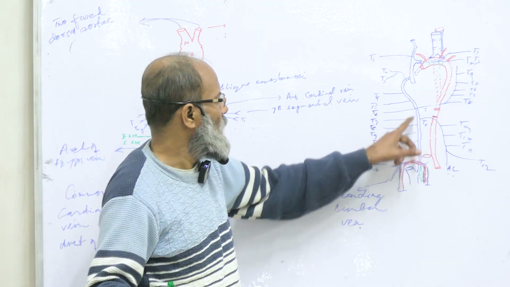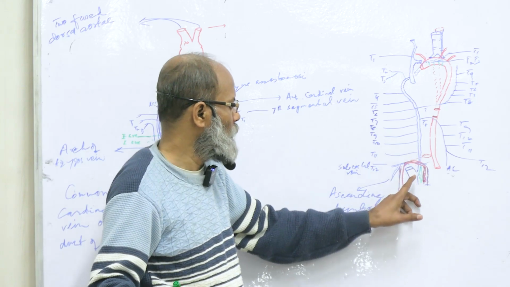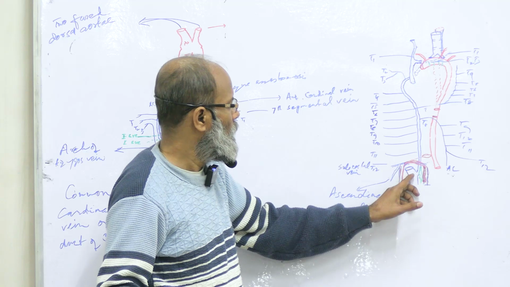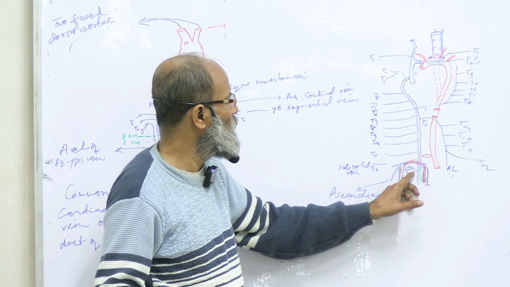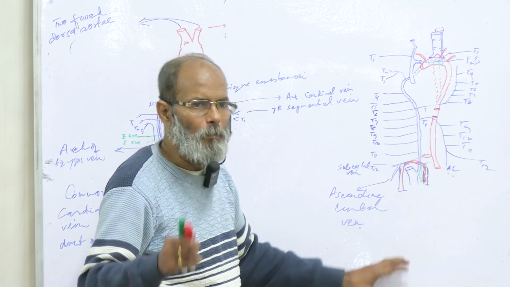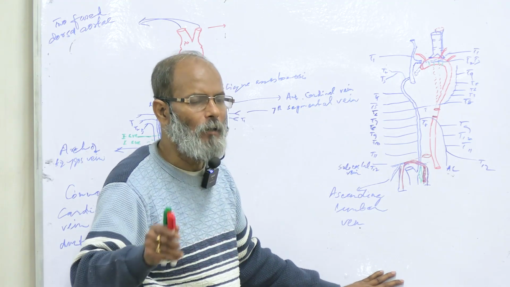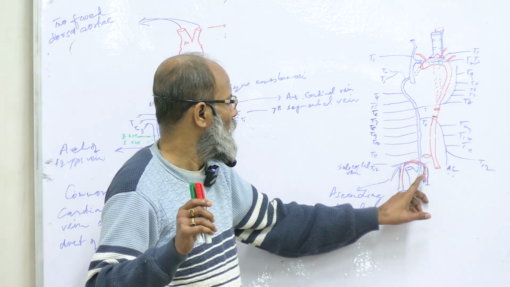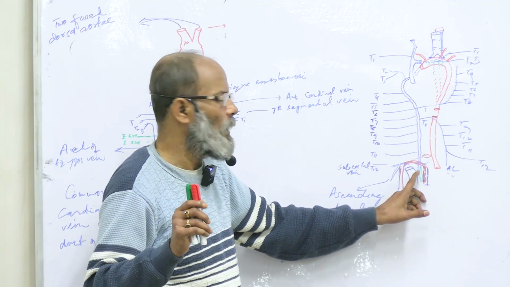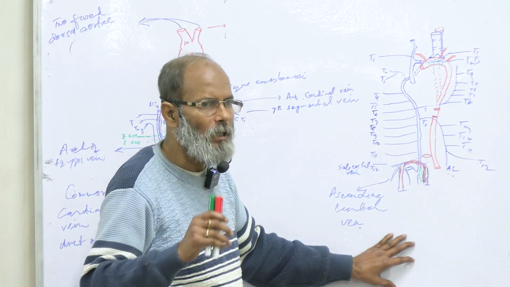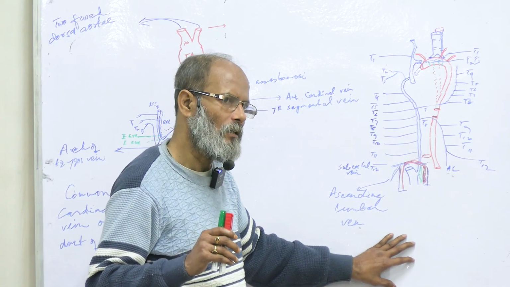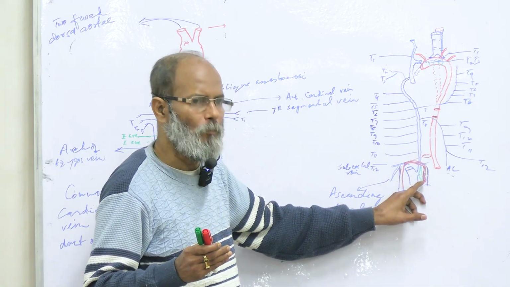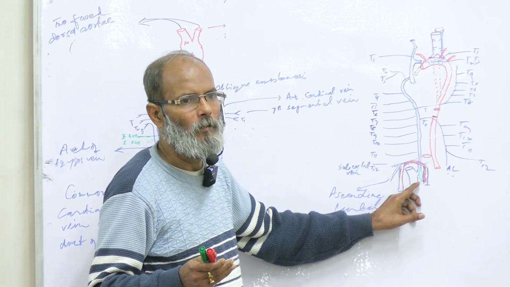Now the azygos vein enters the thorax, coming from the inferior vena cava, either piercing the right crus or by the side of the right crus. All right. And sometimes below the right margin of the right crus, to the right of the abdominal aorta and cisterna chyli.